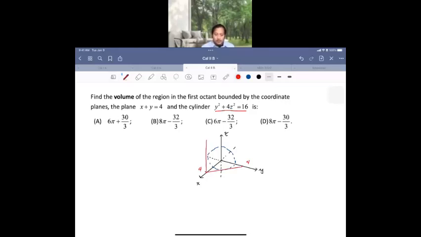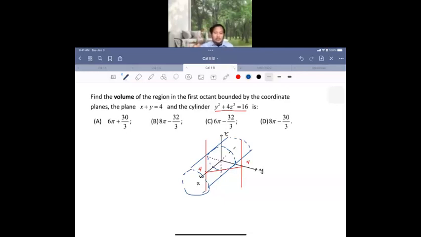We slice through the cylinder, and this is the cylinder. Imagine that the cylinder is being cut.